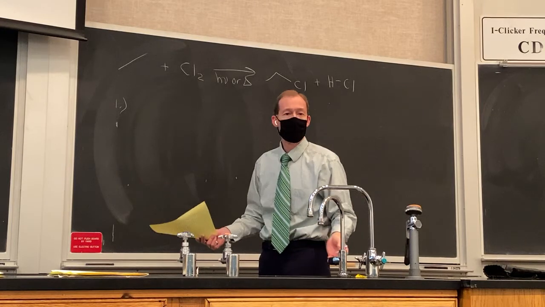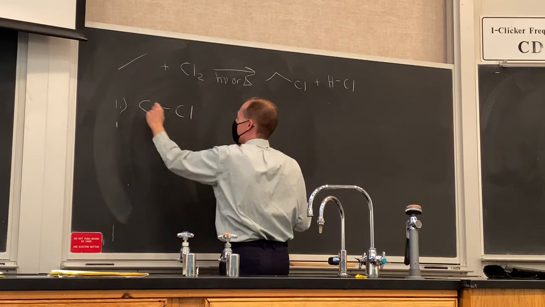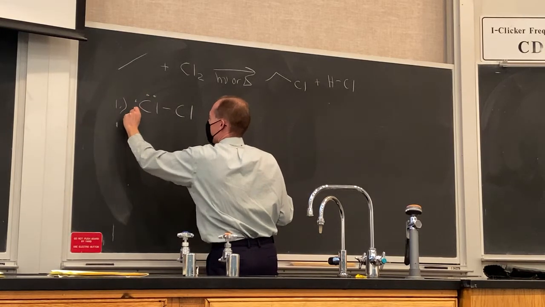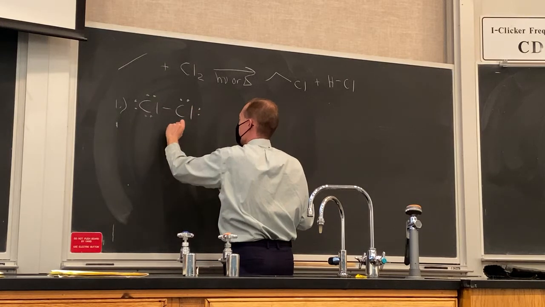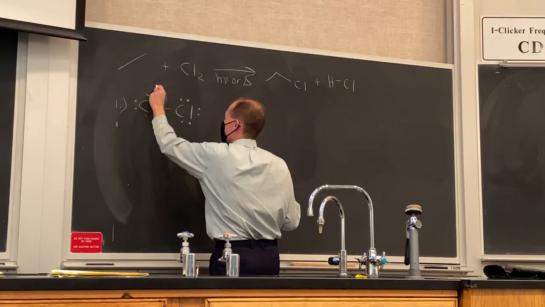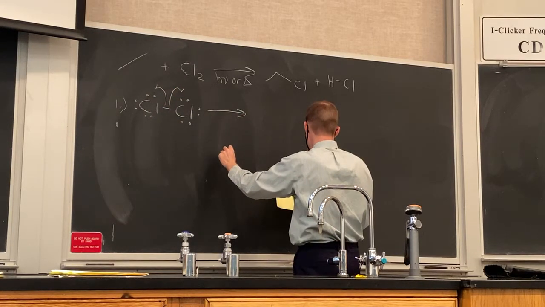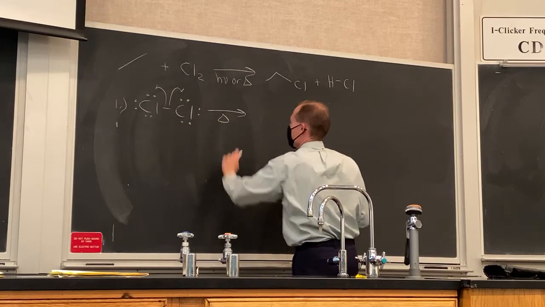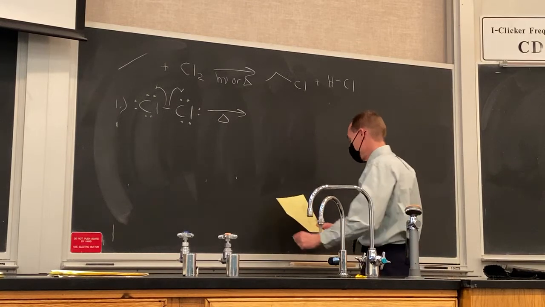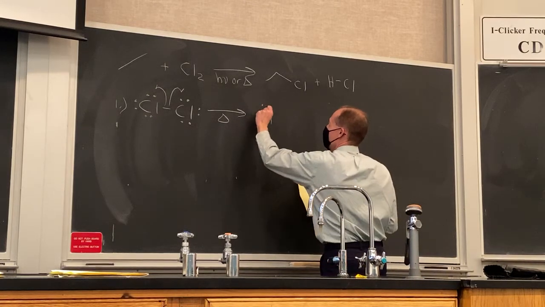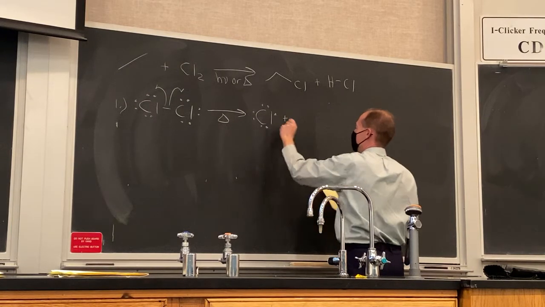So the first step is going to be the formation of radicals from chlorine. As we heat up our reaction mixture, if we have enough energy present, we will be able to cleave the chlorine-chlorine bond. Just to keep it simple, we'll just use heat in this example. And that's going to give us 2 chlorine atoms, which are radicals.